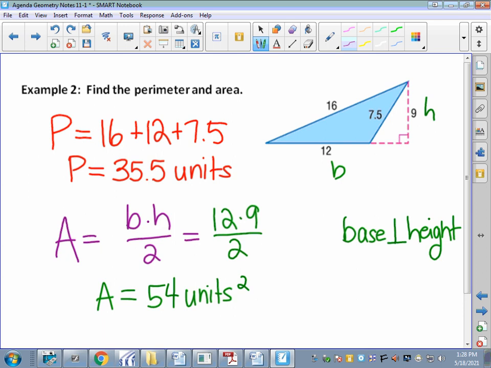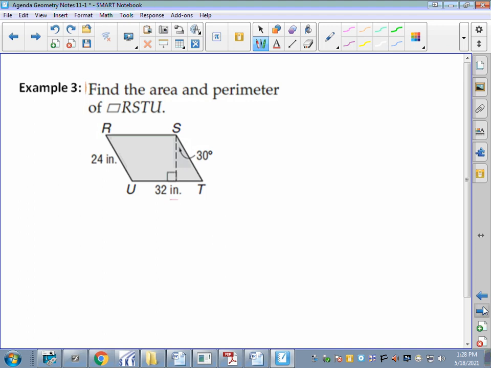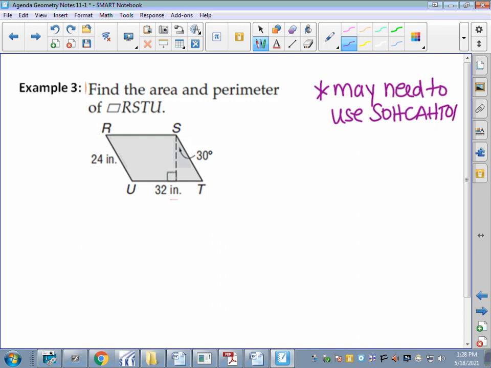All right, now you know how we just jotted down that you could use Pythag? Here, we may need to use SOHCAHTOA. It's a long one to write. So it says to find the area and the perimeter of this quadrilateral RSTU.